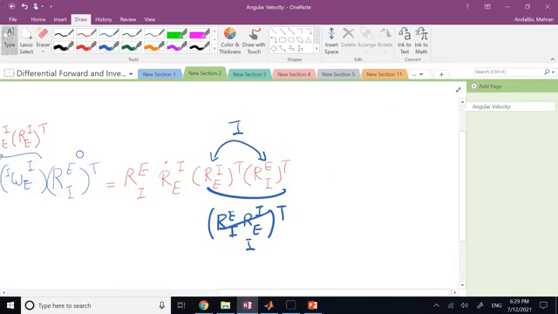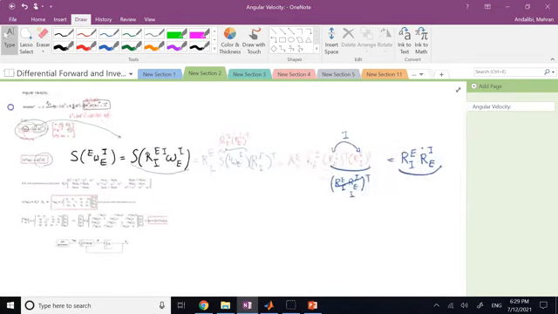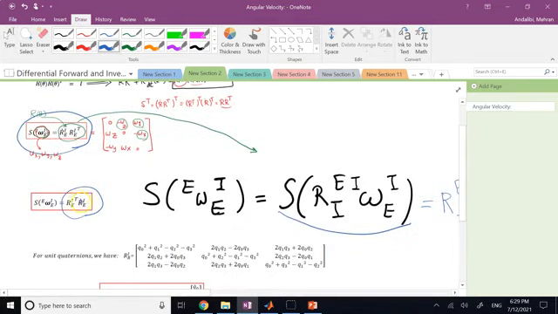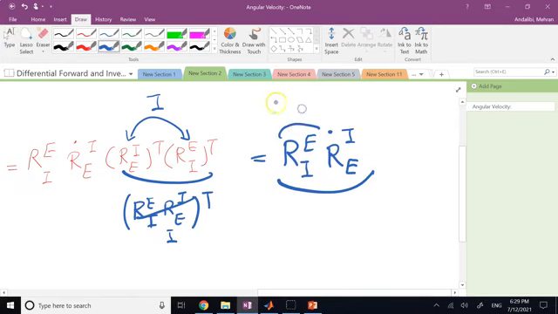So I can just take it away and it becomes what? R of I E R dot of EI. Correct? That's what I have. And now I have to show that is the same as this one, R of EI transpose. And it is, because this guy here is what?